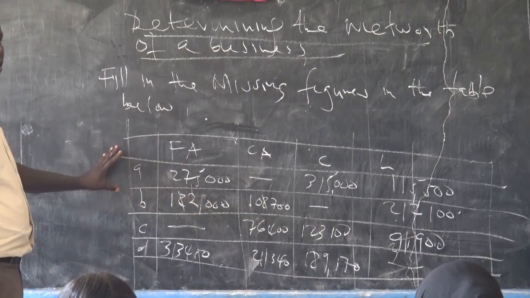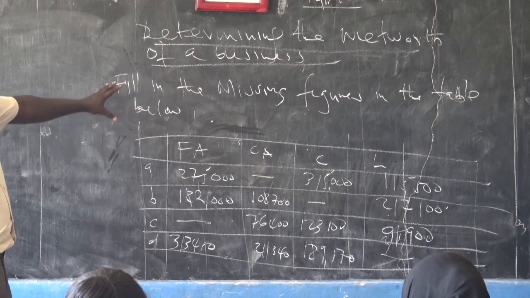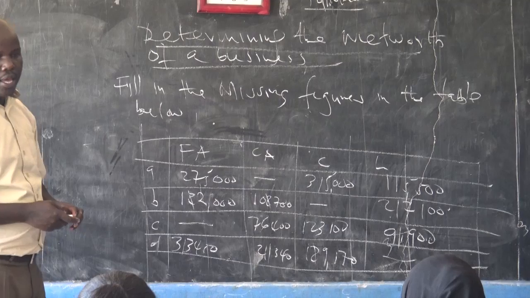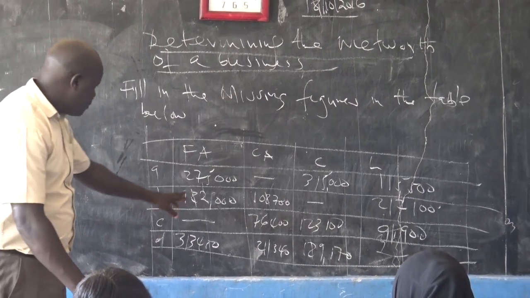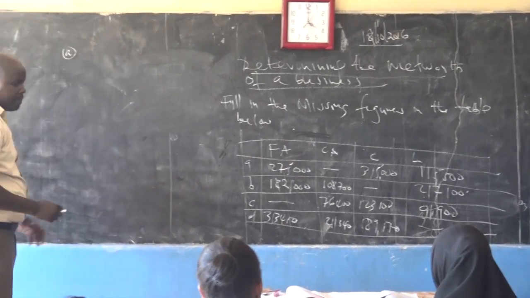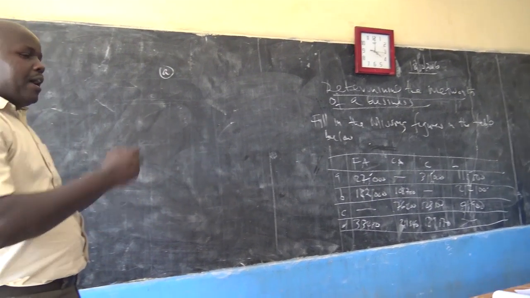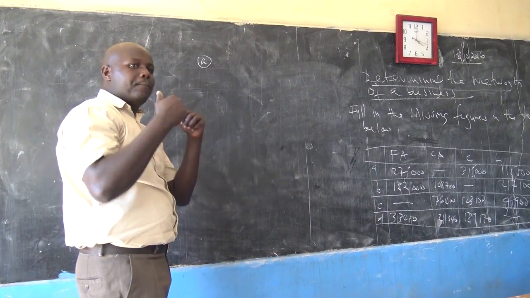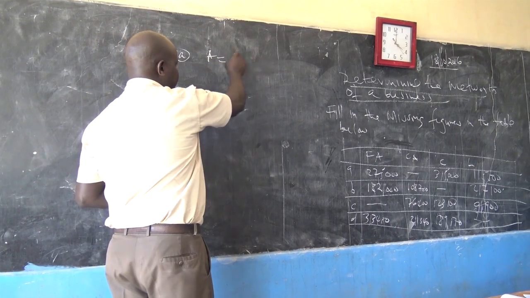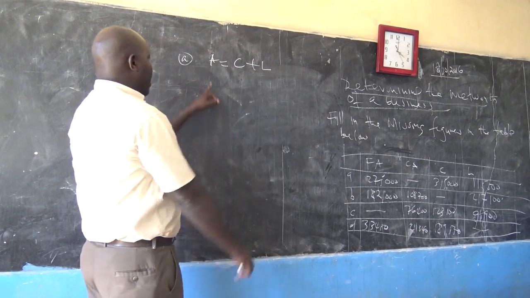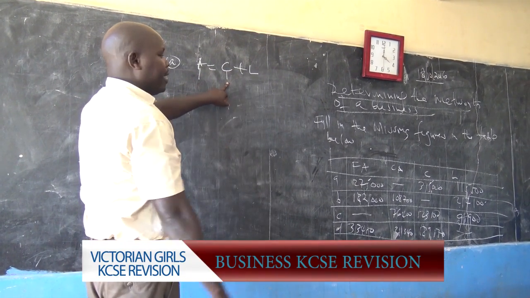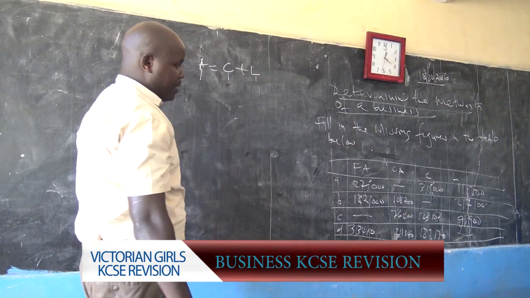So it's an example of a question from the chapter determining the net worth of a business. Now, let's answer question A. We understand that the accounting equation, or the balance sheet equation, is A equals C plus L, where A stands for assets, C for capital, and L for liabilities.